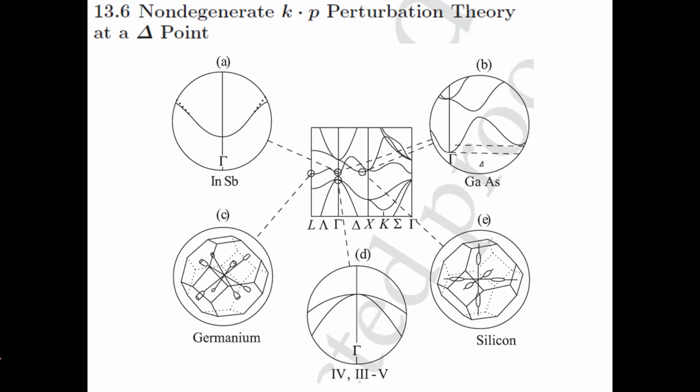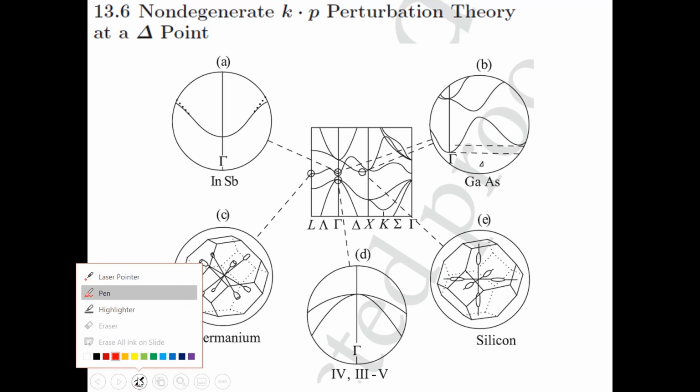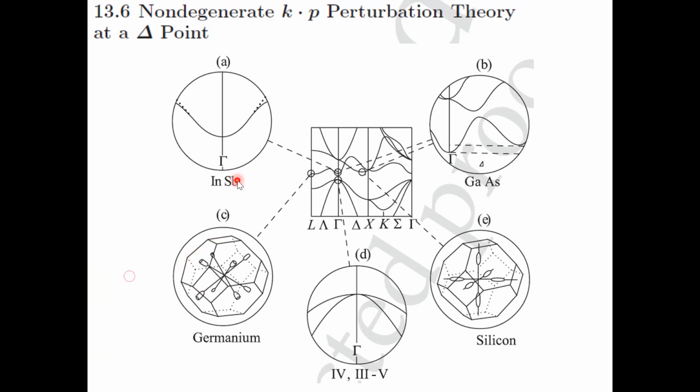You see here some details of the band structure in different semiconductors. And for silicon, you see that the minimum of the conduction band is actually between gamma and X. It's actually 85% of the distance from gamma to X, and that's the overall minimum of the conduction band in silicon.